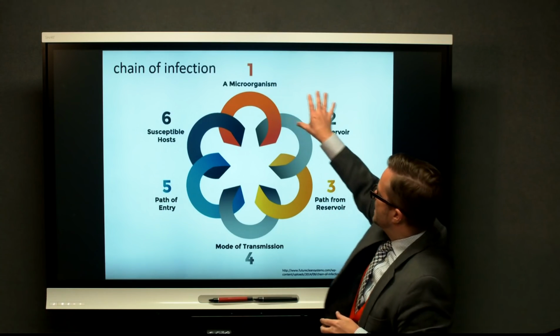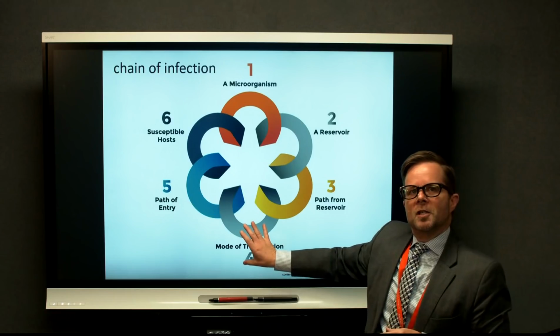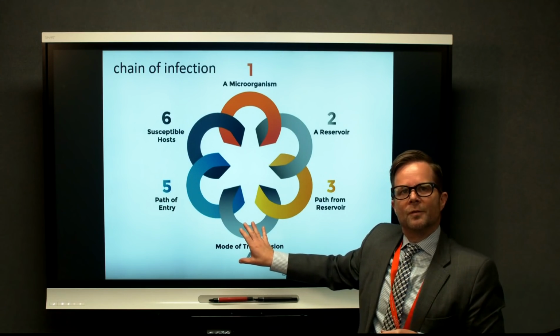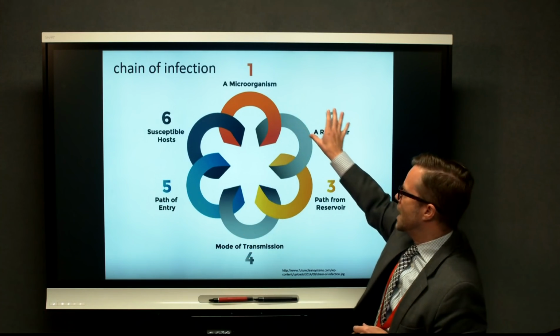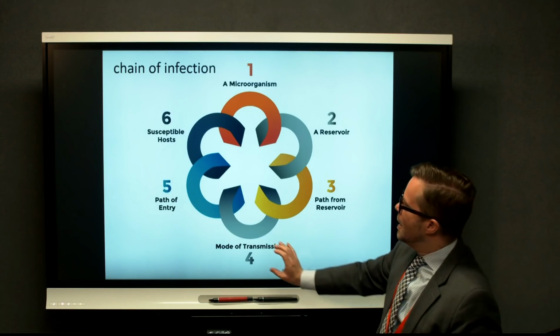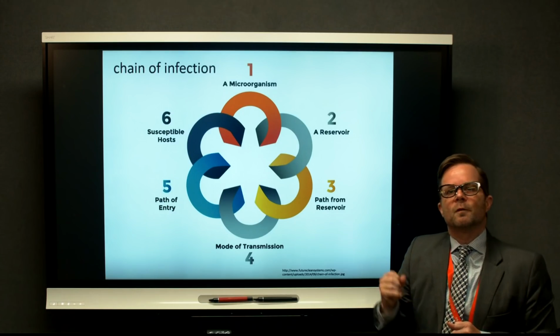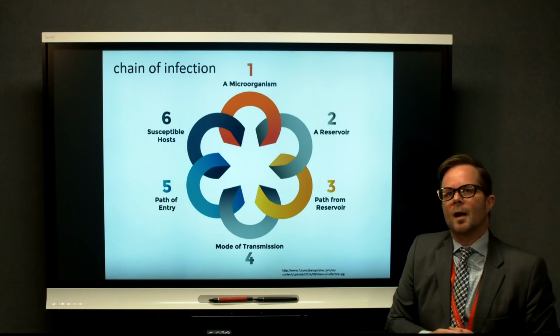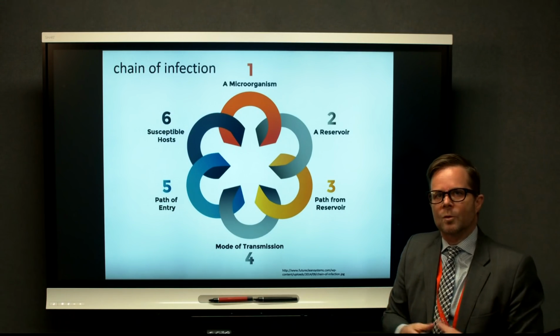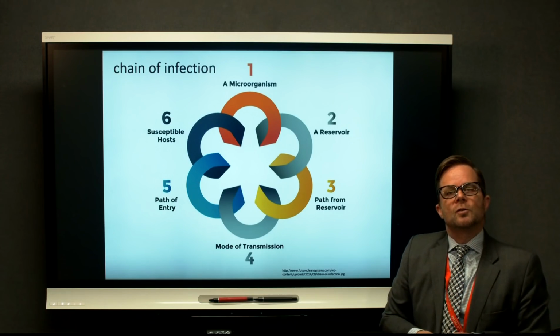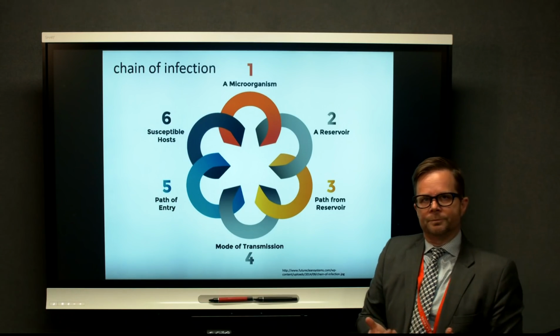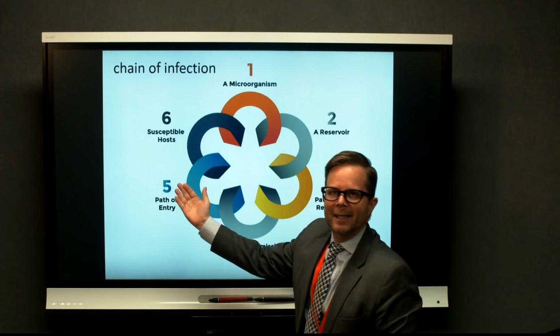But these four steps are not sufficient in and of themselves to cause infection in another person. They all need to happen in sequence, but then we actually need a pathway for that microorganism to find its way into another person or another animal or another organism in order to then infect the host. So how do they get in?